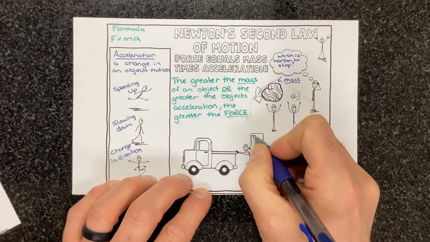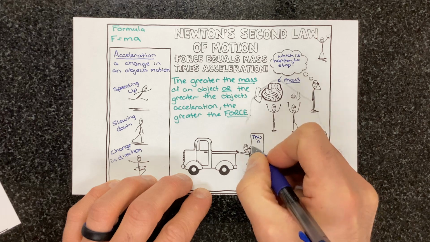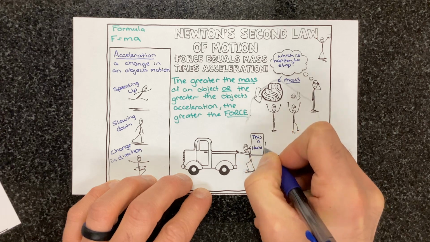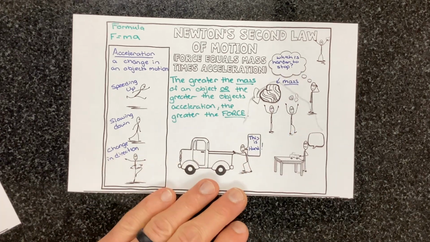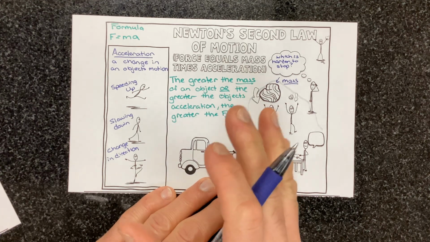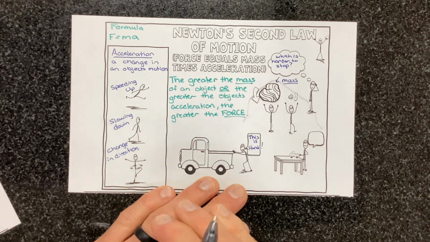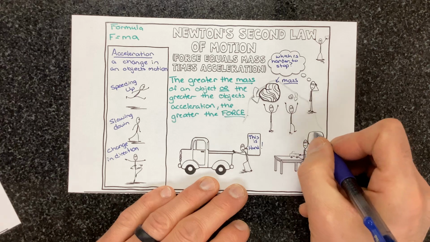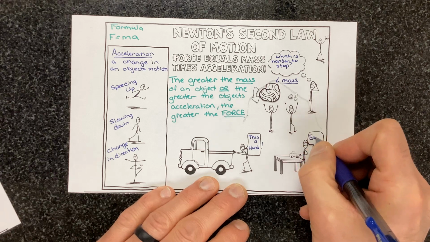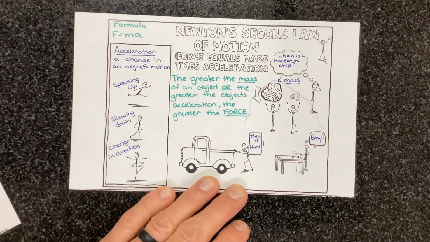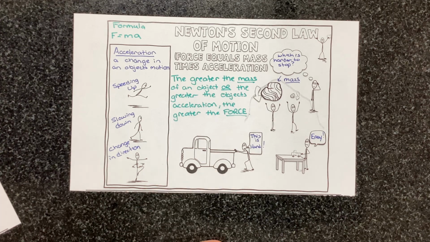This guy is saying this is hard because he's trying to push a massive truck. Getting it to move or accelerate is difficult because the mass is so great. This one is easy, because the mass is small, getting its acceleration, you don't have to put nearly as much force into it.